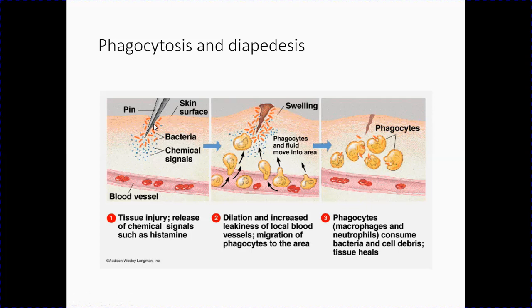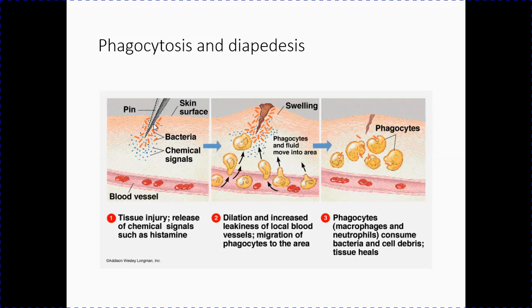area. This releases cytokines or chemical signals, things like histamines, that result in dilation of the vasculature, so the vasculature gets bigger. There's increased blood flow, there's heat, there's pain, those kind of hallmark signals of inflammation, swelling.